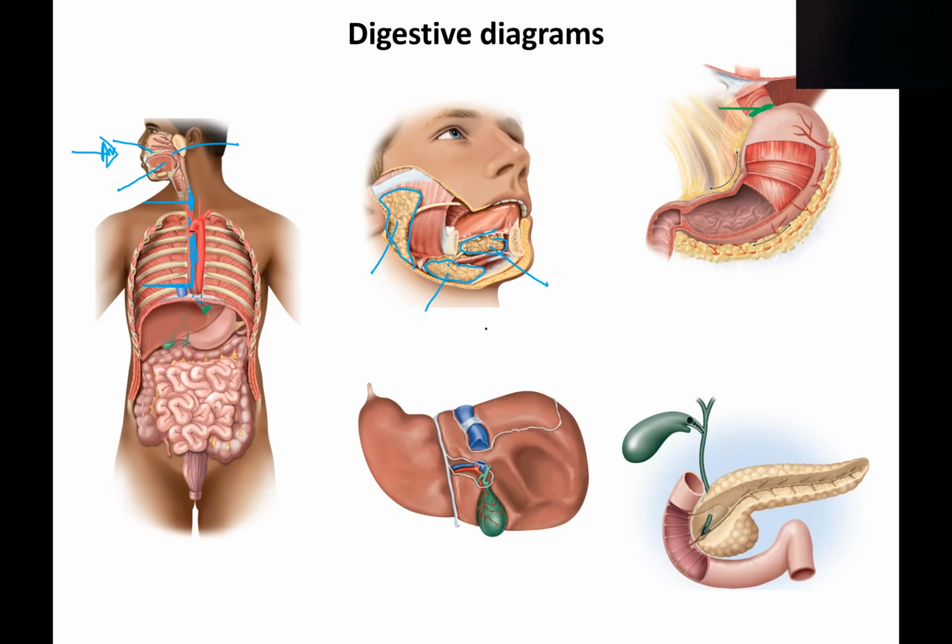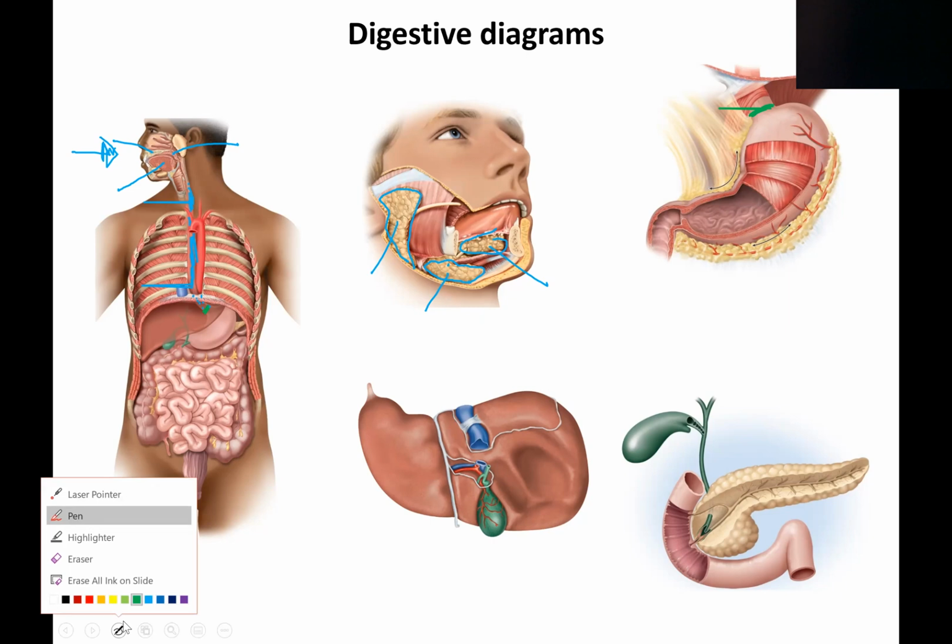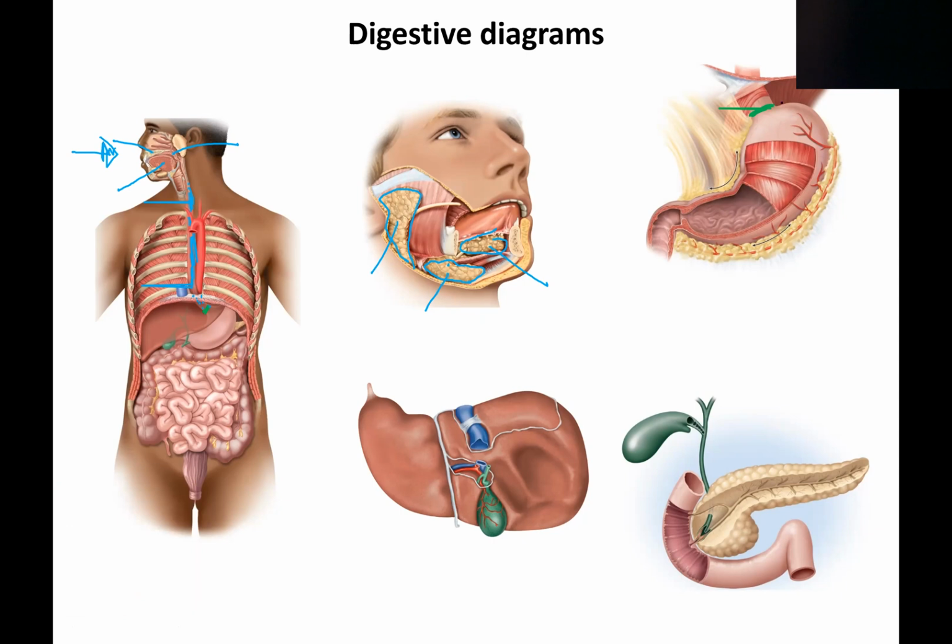You can do the stomach over there, but we're going to use this bigger one. And so the entryway to the stomach is called the forestomach or the cardiac stomach.